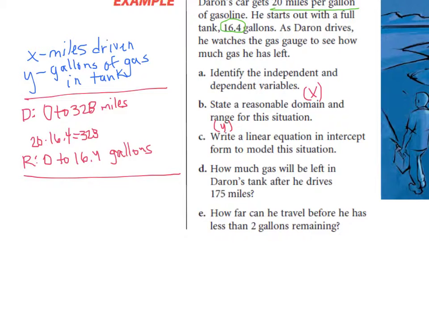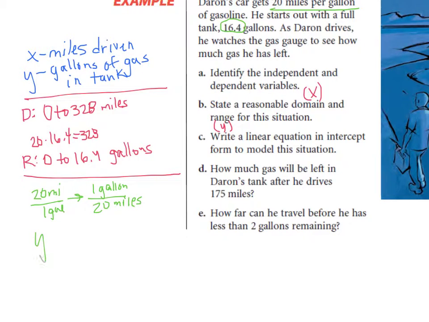So we're taking that 20 miles to 1 gallon, and we are going to flip that to 1 gallon per 20 miles. Now we have the information we need.